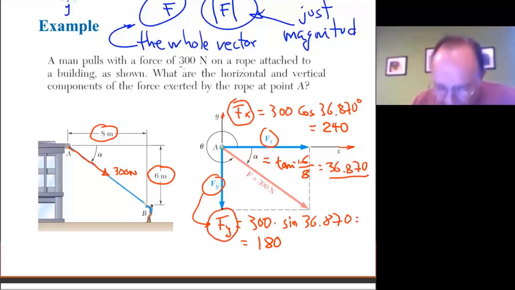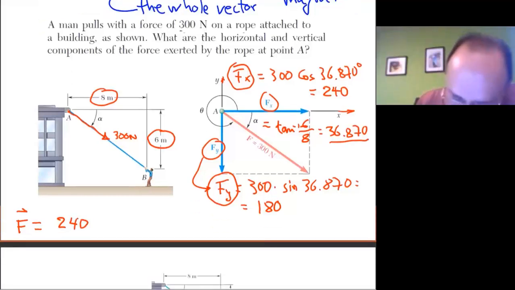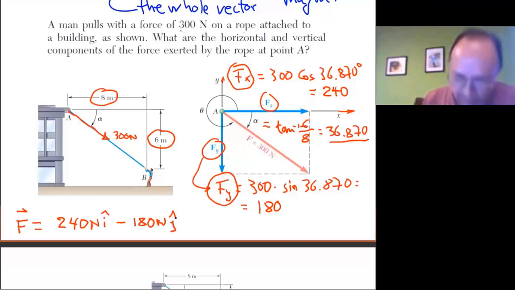If we want to write the vector F, we can write it as 240 newtons i, minus 180 newtons j, right?